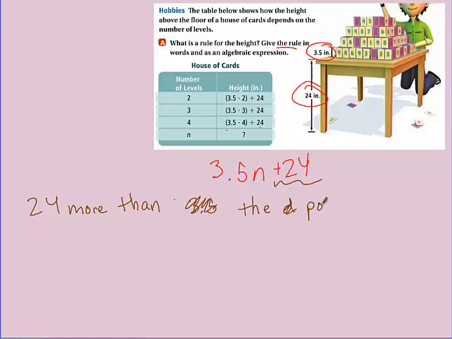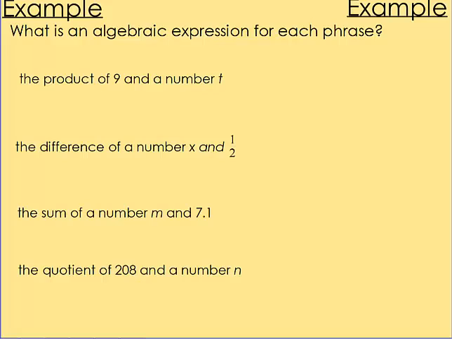Let's be consistent with that. The product of 3.5 and a number n. That's one way to do it. Good. All right, these are examples. I'd pause it right here, try these out for yourself, and then I will do the answers. So pause, and we go.